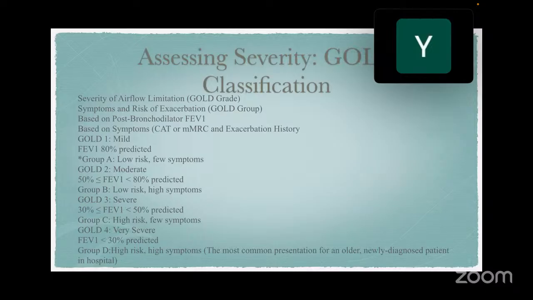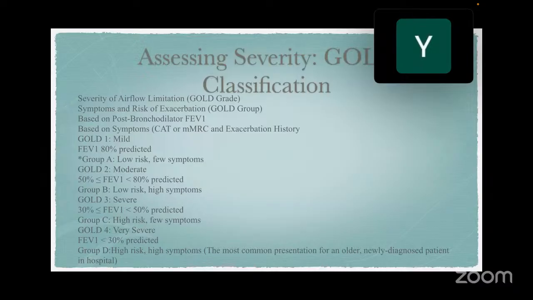Classification number one is the 1, 2, 3, 4 classification, which depends on the forced expiratory volume in 1 second; it is used for diagnosis and depends on spirometry. The other classification is the ABCD classification. It is used for therapy, and it depends on the symptoms.